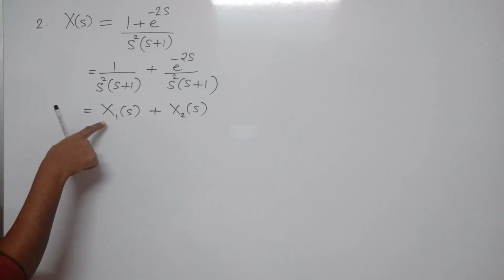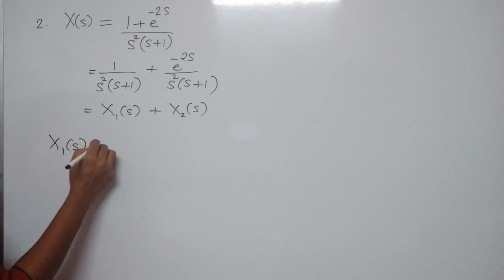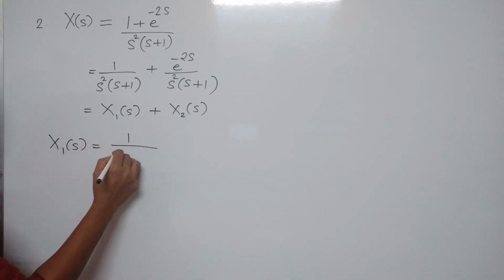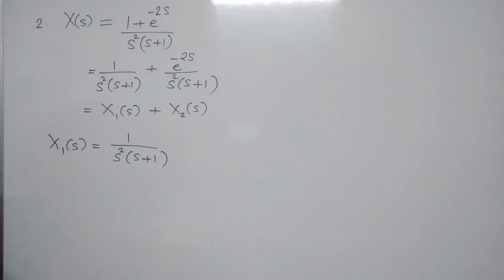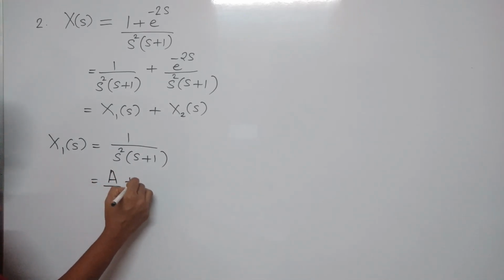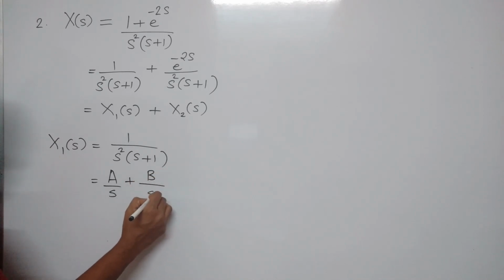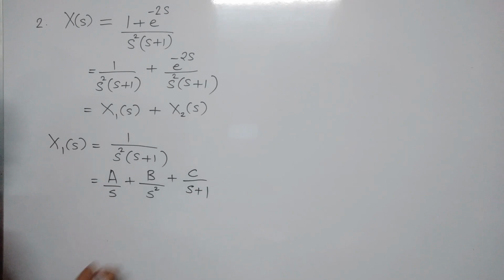So first let's take the first term alone. X1 of s equal to 1 by s square into s plus 1. Now we can perform partial fractions of this. This can be written as A by s plus B by s square plus C by s plus 1.